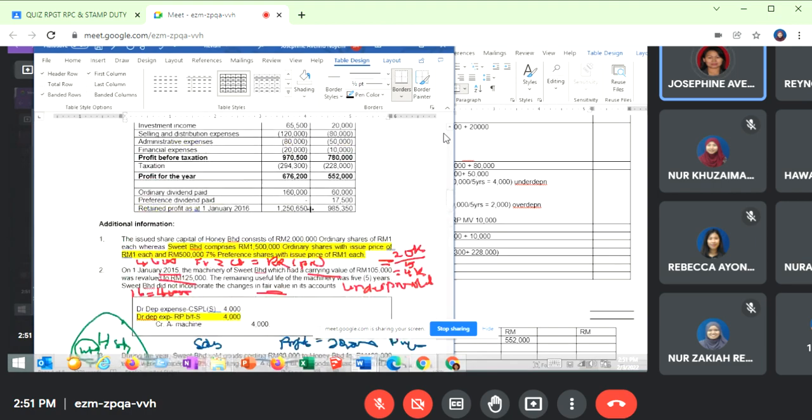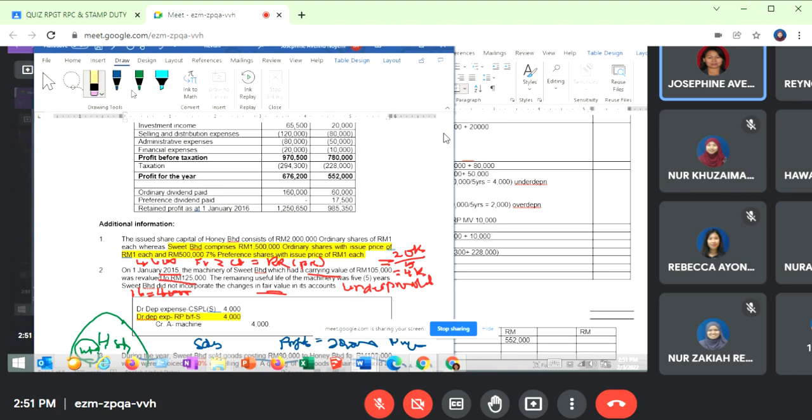Okay, so the total dividend paid by Sweet, you go back to the question. This is the ordinary dividend that is paid by Sweet. So let's calculate that. Is it equal to this figure or not? Let's check, because it is stated as ordinary dividend paid. Let us check if it's actually 60,000.